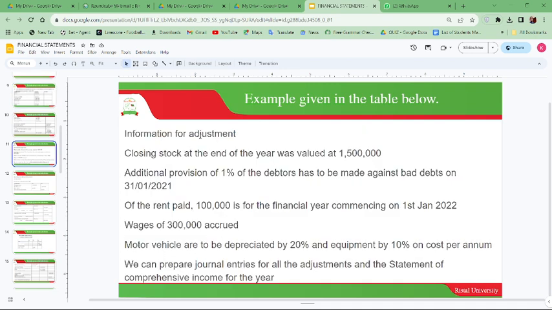In our additional information they have told us that an additional provision of 1% is required, so you have to get 1% of the debtors. The debtors were 3 million, so you get 1% of 3 million to get the amount for the bad debts.